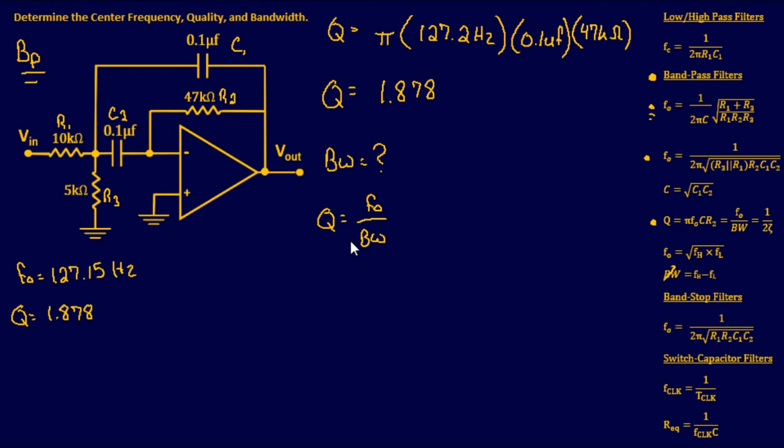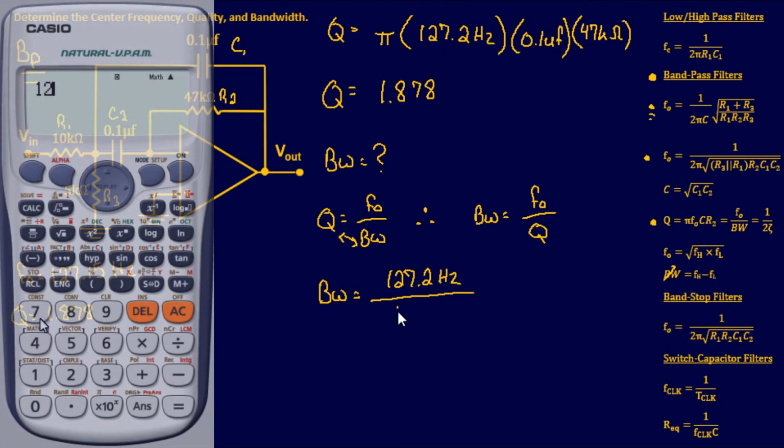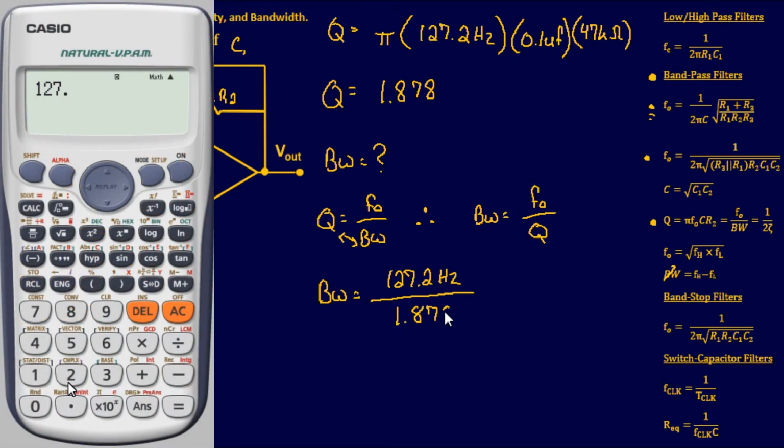If I want to manipulate this, all I have to do is switch these two around, and it gives me bandwidth equals my center frequency over my quality. Since I have those two, that's an easy plug and chug. Bandwidth equals 127.2 hertz over 1.878.